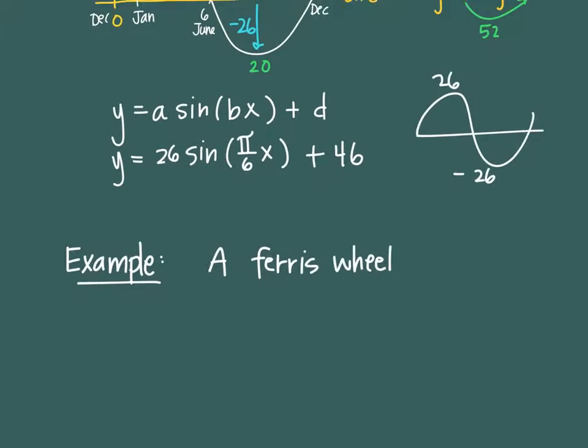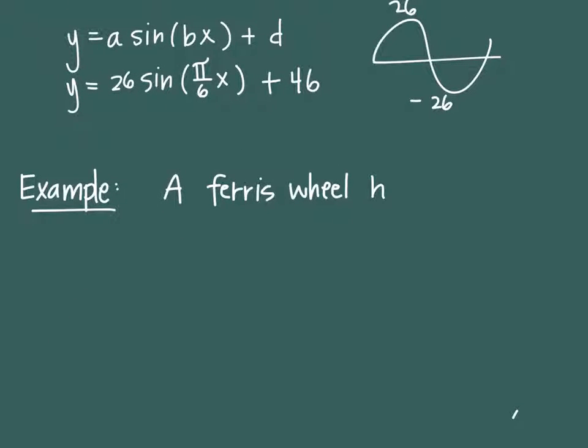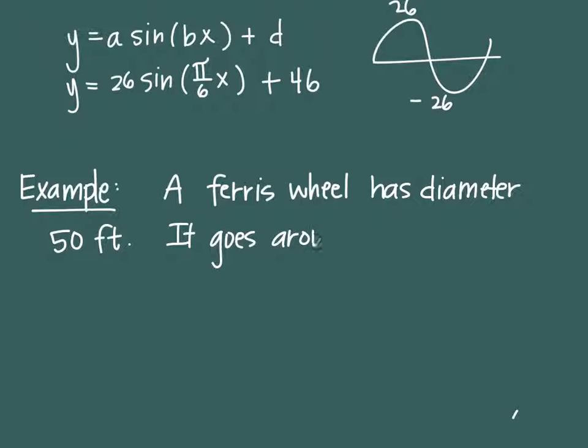All right, let's try another one. A Ferris wheel has diameter 50 feet. It goes around every 40 seconds.